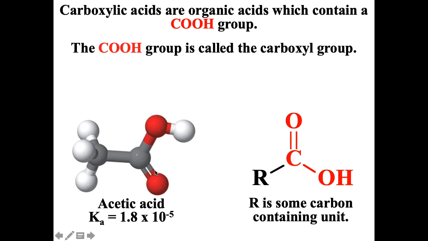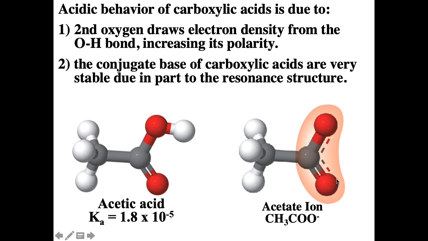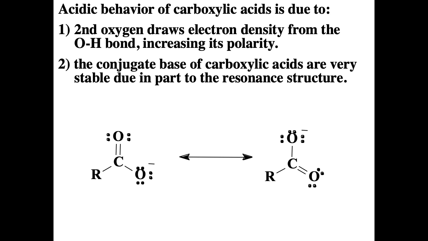The other way we can think about it is that the conjugate base is going to have a resonant structure, right? We can put the double bond there or there. And so the conjugate base is going to be a little bit extra stable. And so it's a product. And so that is why the carboxylic acid is going to be a little bit stronger than you might expect otherwise. Again, the actual structure is going to be an average over the resonant structures.